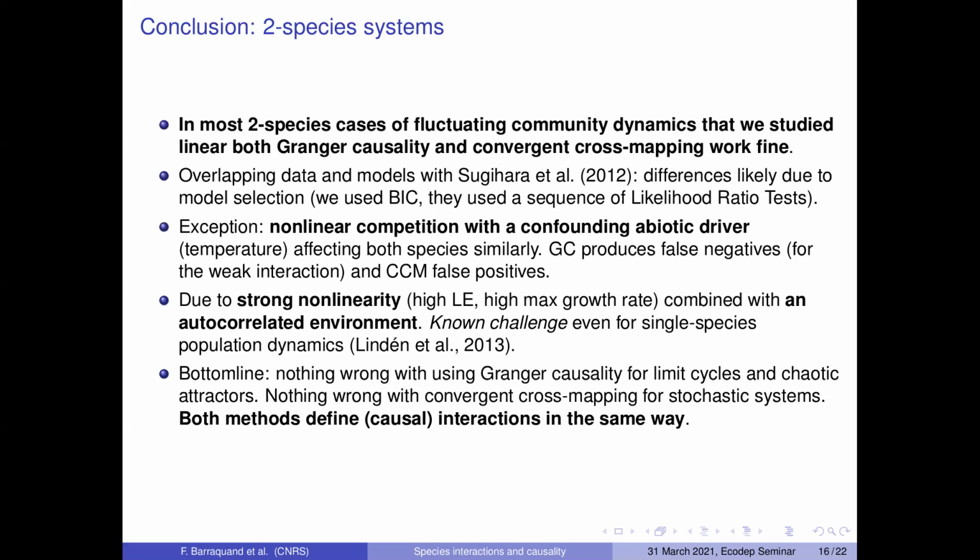And me and my co-authors, we think that probably both methods agree because they define interactions in the same way. In both cases, we have the derivative of the state variable, the population growth rate, which is a function of population densities. So the definition of what is an interaction in the model is the same in both cases.